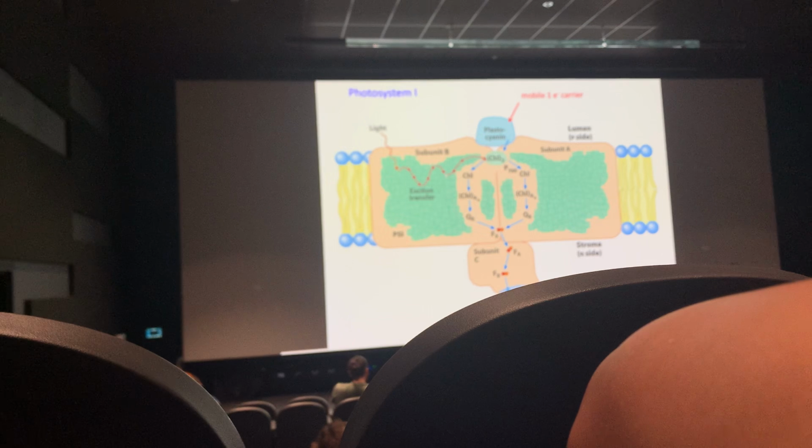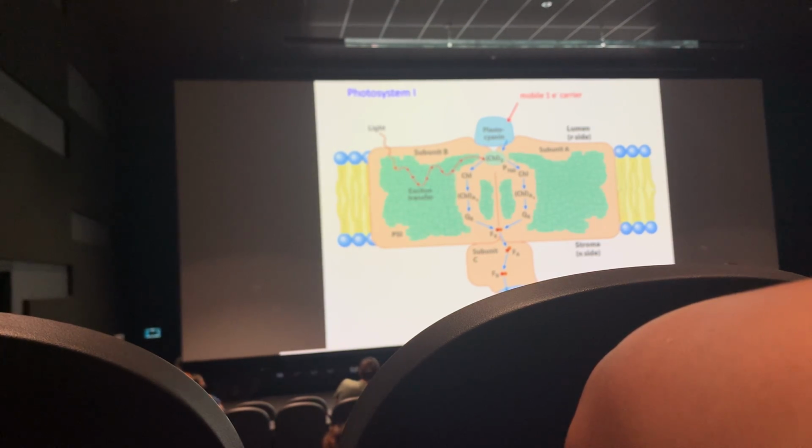When the energy from all of these accessory pigments is funneled to me, the reaction center, I pop an electron, but I'm dependent on plastocyanin to give me a new electron so I can pop the next one to the higher energy level. Is that okay? So that's why this is all part of a circuit.